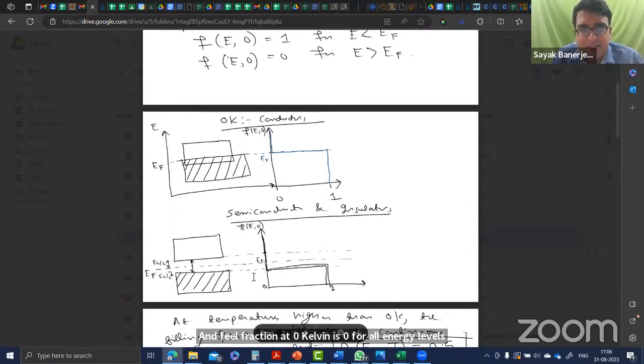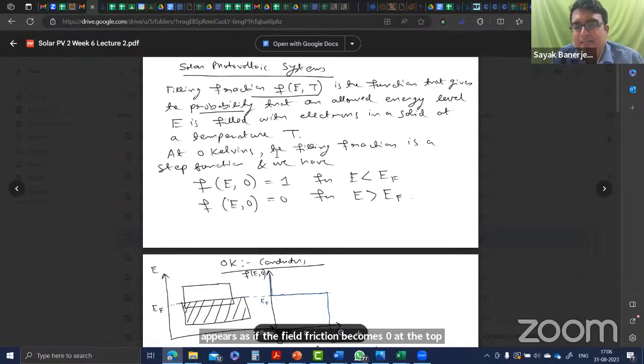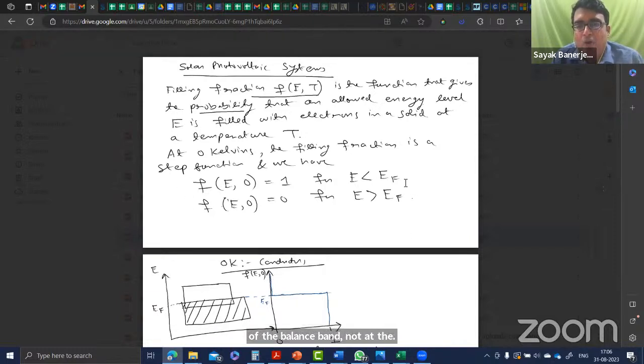But in this figure, it appears as if the fill fraction becomes 0 at the top of the valence band, not at the Fermi level. The clarification is that this is valid for all allowed energy levels. There are forbidden gaps within which no electrons can exist. So if you look at an allowed energy level, and its value is less than the Fermi level, then its fill fraction is 1.